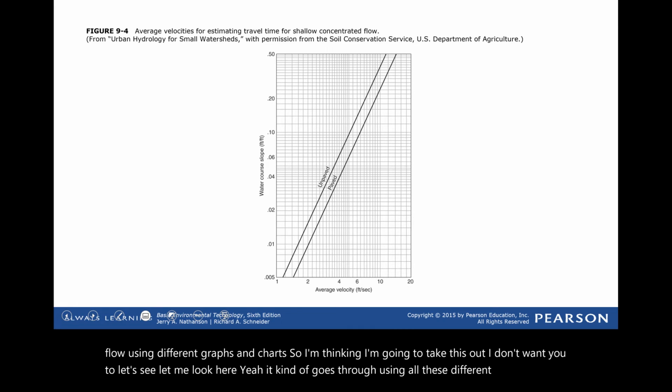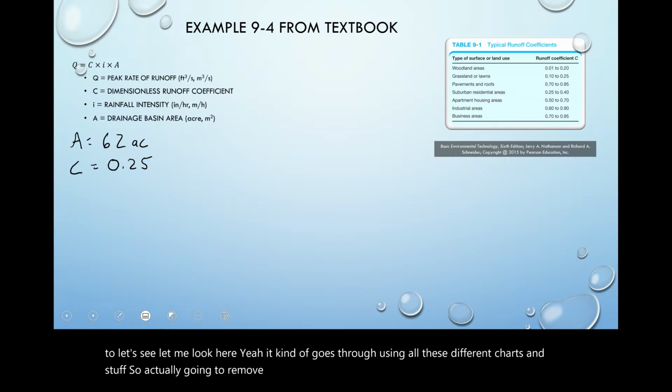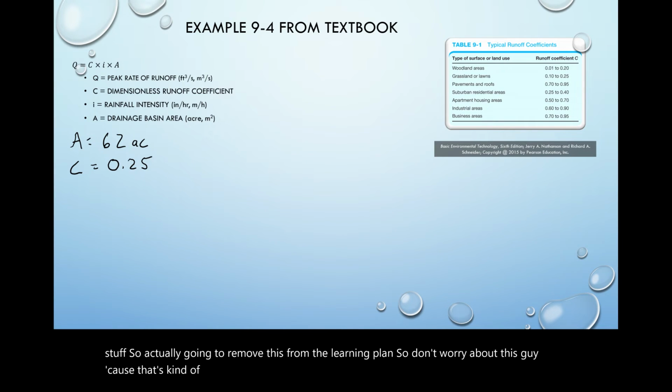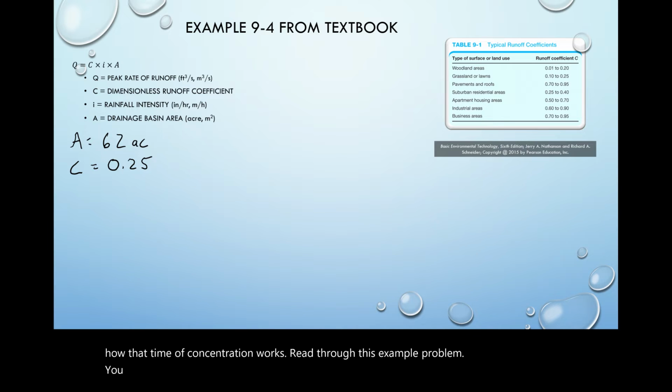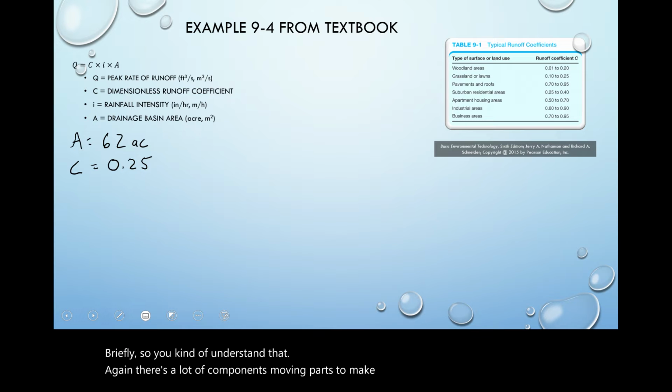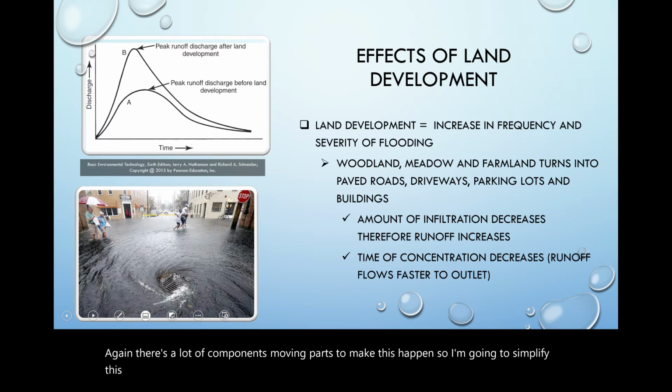So actually, I'm going to remove this from the learning plan. So don't worry about this one because it's kind of beyond the scope of this class. I just wanted to explain to you how time of concentration works. Read through this example problem briefly so you understand that, again, there are a lot of moving parts to make this happen. So I'm going to simplify this, and we're just going to move on.